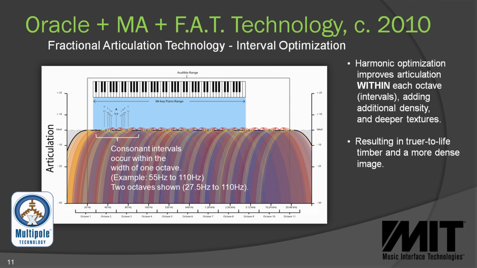What we've done is, with each octave, we have optimized the intervals, the consonant intervals within each octave, in addition to the harmonics and the octaves that we optimized before. Now we're getting extremely rich texture, a very, very dense image. Not only are we getting the timbre, but we're getting the density of the image, and we're able to see or feel, or we're able to detect with our ears and with our emotions the mass inside the image, that density of the image.